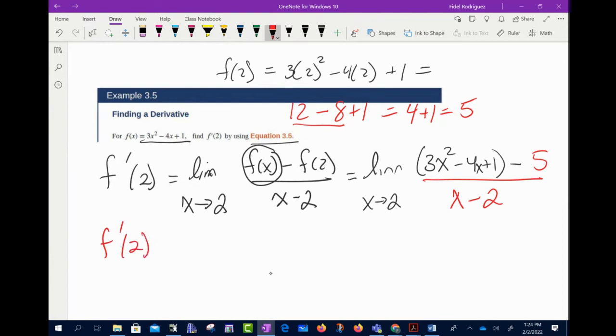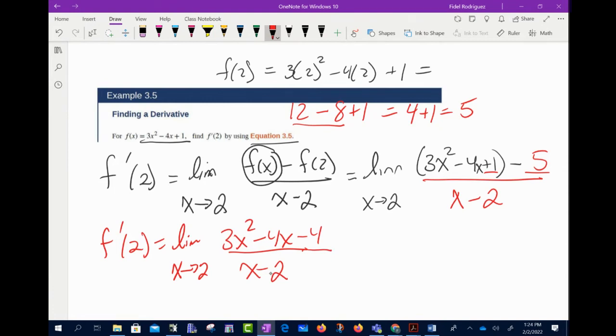So f prime at 2 is equal to the limit as x approaches 2 of, let's see, I already know my bottom part is x minus 2. Let's do the top part. Isn't this going to be 3x squared minus 4x? What's a plus 1 and a minus 5? Negative 4. There you go. Very good.